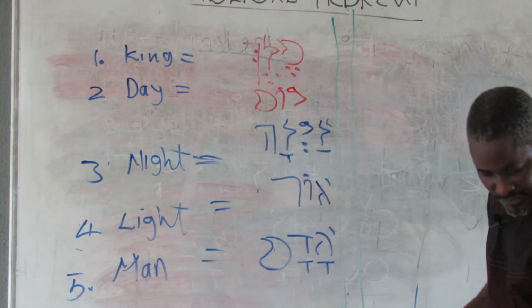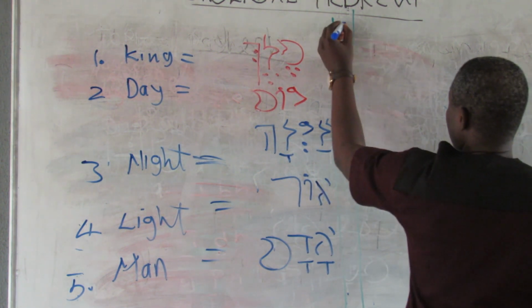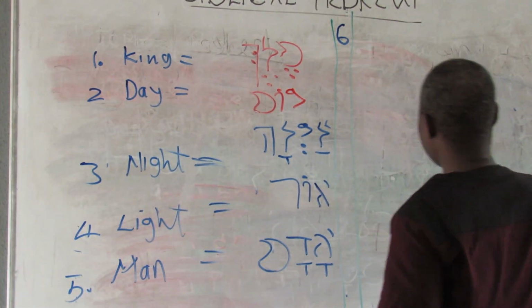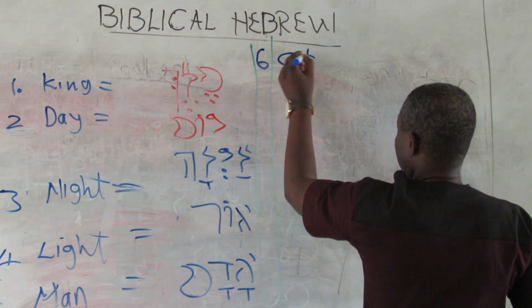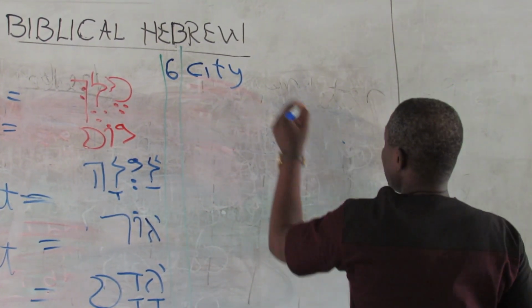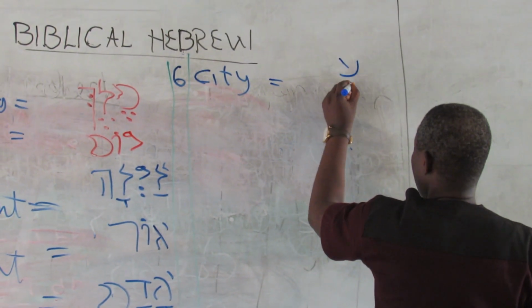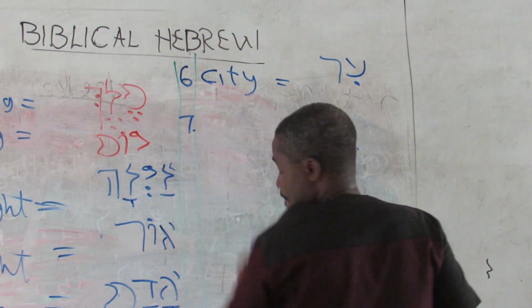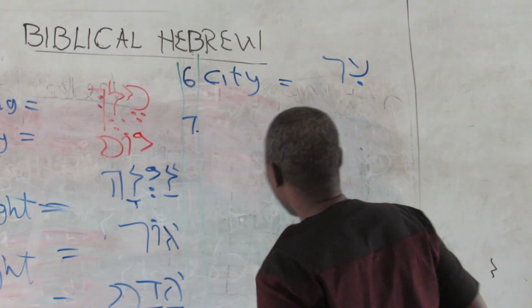Let me give us the word city. City in Hebrew is called ir. Then number 7, God himself.